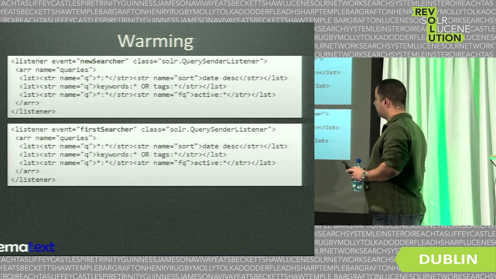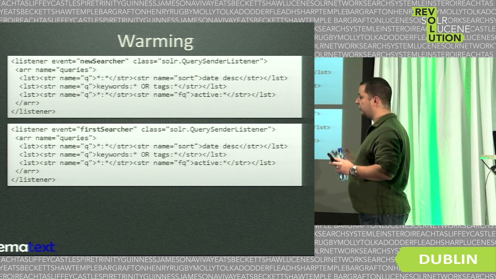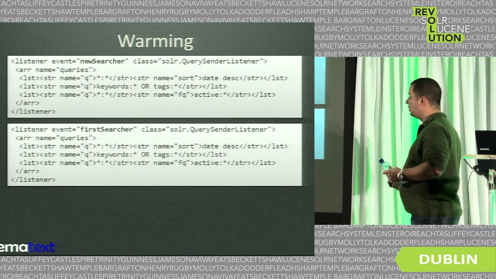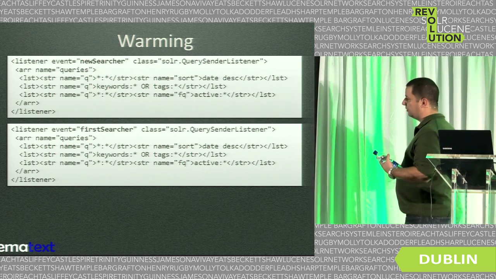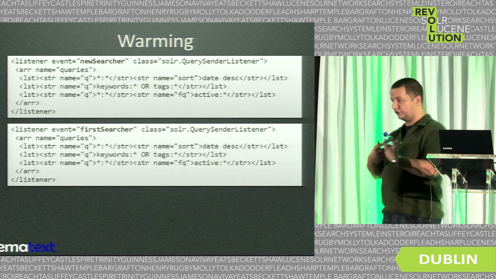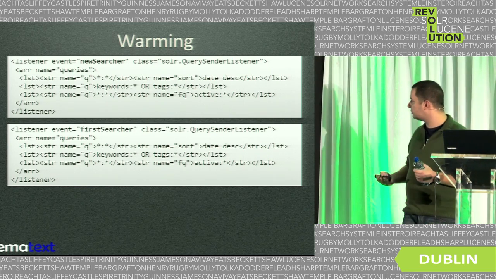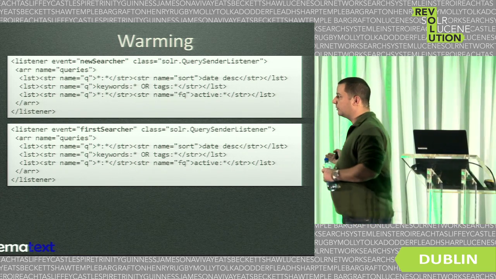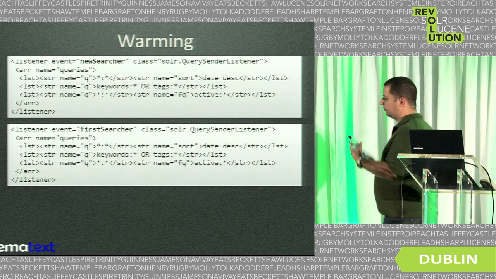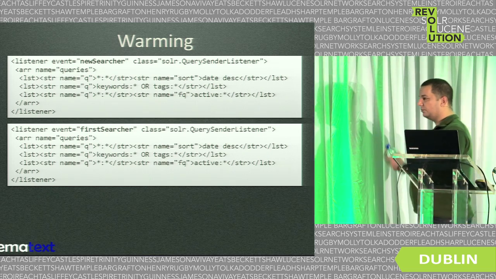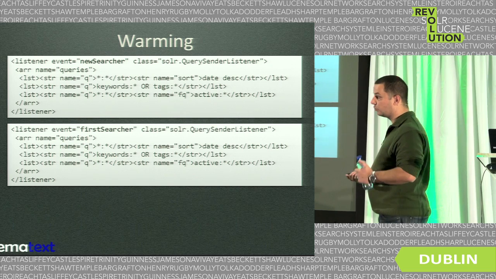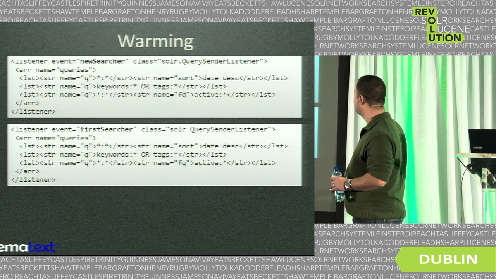The good candidates for warming up in that way are, for example, filters, or your sorting. If you know that you, for example, will be sorting on a string field or some date field or anything like that, you can put it into the warm-up, and when a new commit comes, your queries will be already served not cold, but from the warm index searcher.